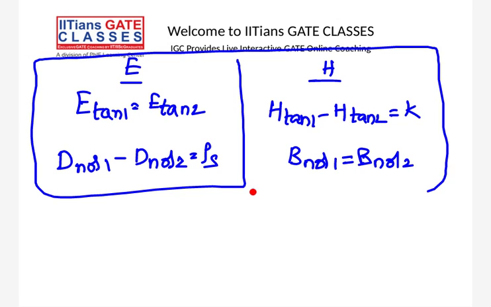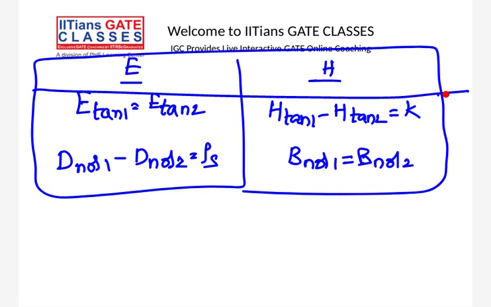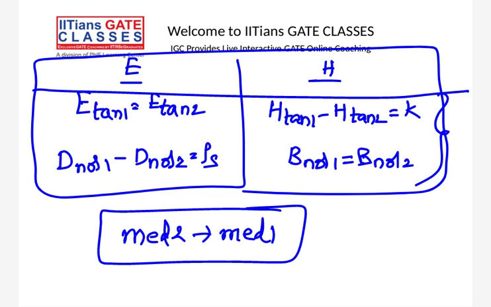And more specifically, all these equations are valid by assuming that the wave is entering from medium 2 to medium 1. So this assumption has to be satisfied. When any problem is given, whatever the medium from which the wave is entering, you should consider it as medium 2.